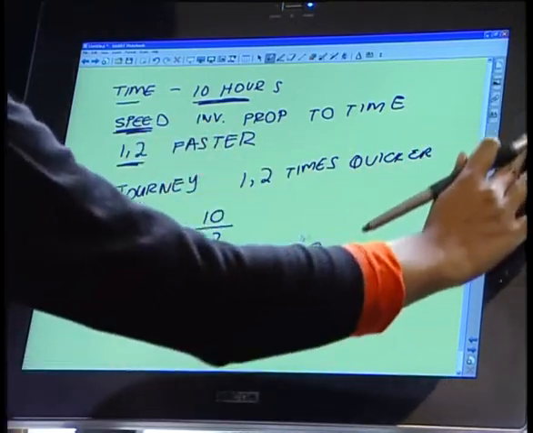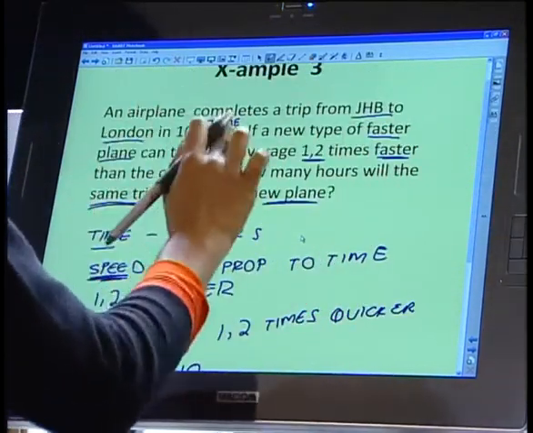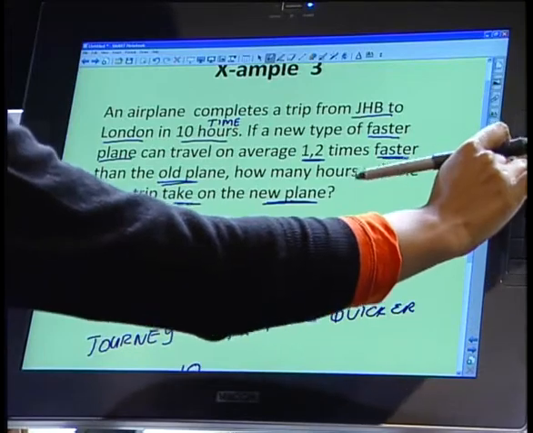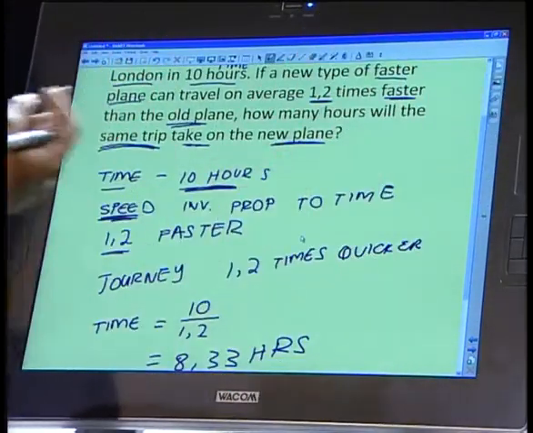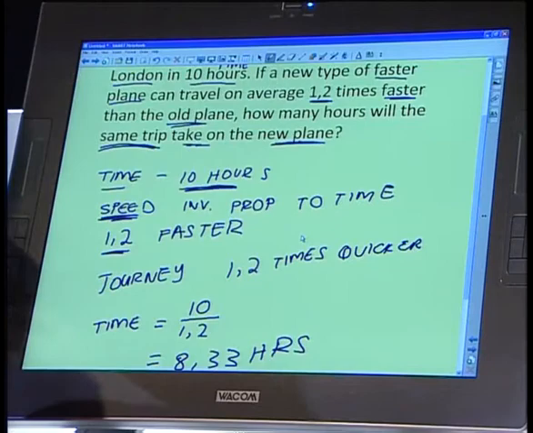So the same journey from Joburg to London will now take 8,33 hours if we now have a plane that's going 1,2 times faster. So this concept of inverse proportion is really important. So we're going to do another example using inverse proportion.